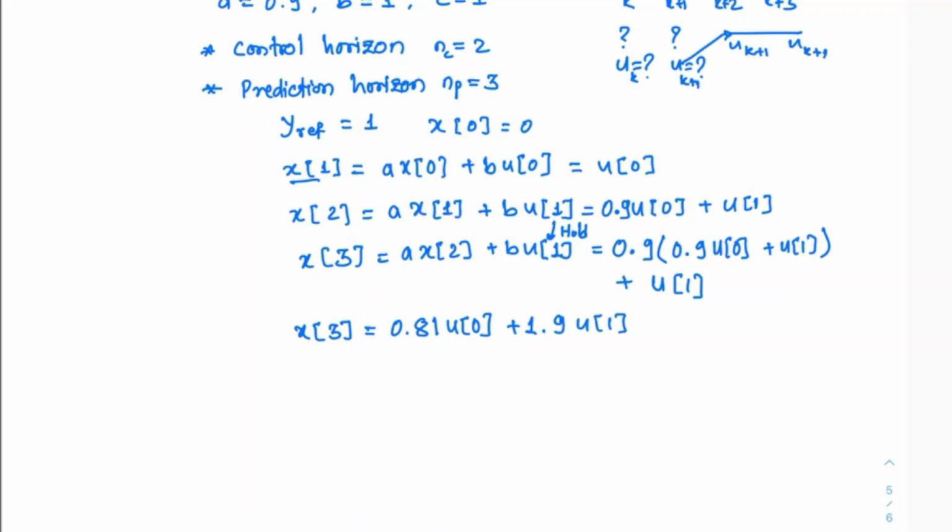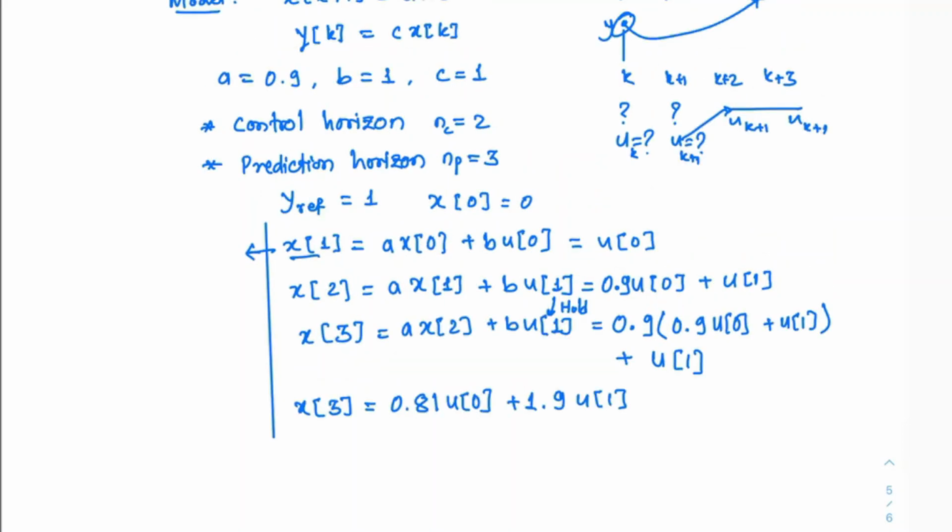For each of these we will use yk equals c into xk. C was 1, so y is x.